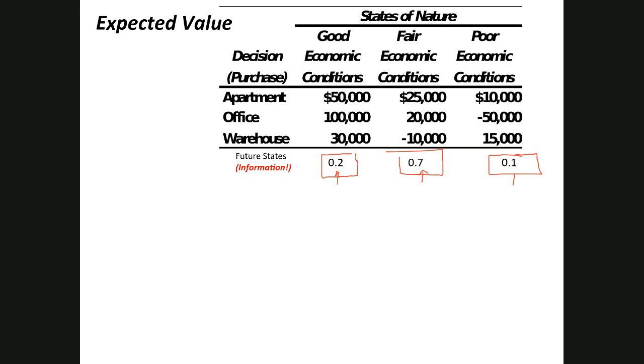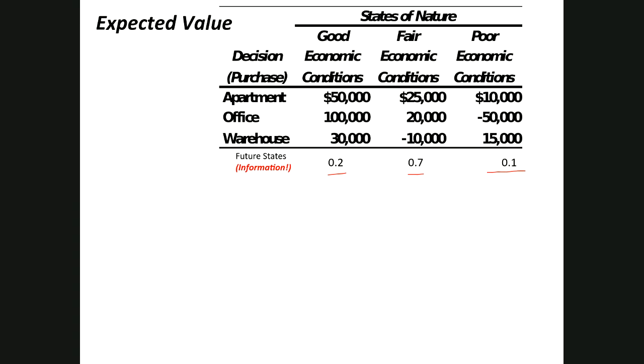We have information from analysts or other sources that it's much more likely that the economy is going to be fair. Since we're given these probabilities, we're going to do a similar weighted average calculation for each of these alternatives.